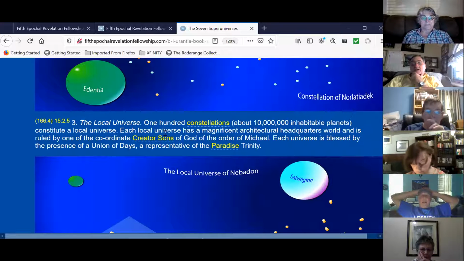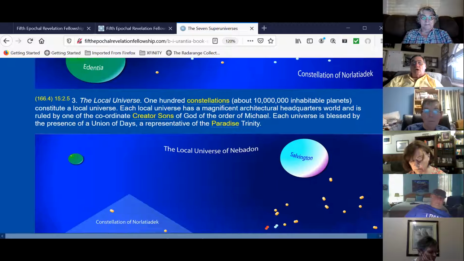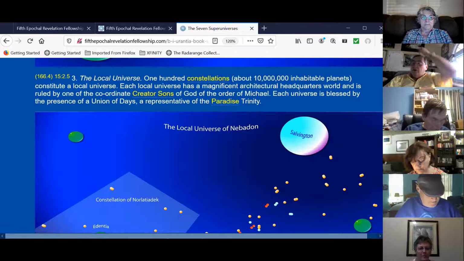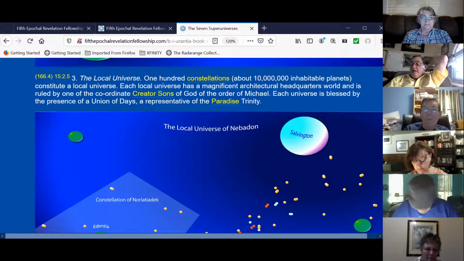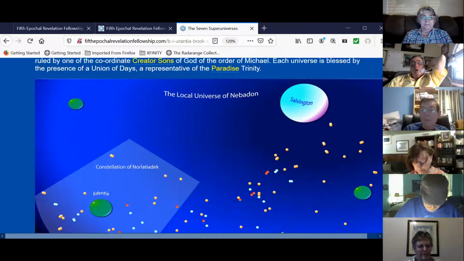So for one local universe, about 100 constellations, that's 10 million inhabited planets. And that's just Michael's local universe. Now, when we think about the other local universes in the minor sector, each one of those has the same amount of inhabitable planets. Now, we know that they're not all completely done yet, don't we? So it's just going to be a partial number of them.